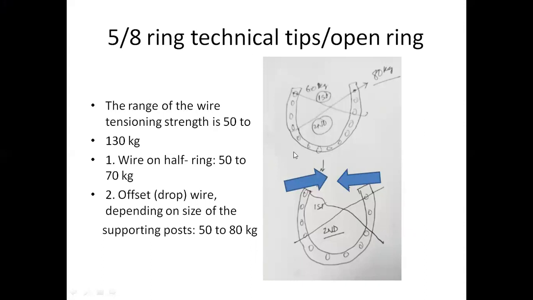Suppose there are two wires, first wire and second wire. If you put 80 kg and 60 kg respectively in these wires, then it will squeeze the anterior limbs of the ring towards each other, and it will cause loosening of the wires. So usually in this type of half ring, we cannot put more than 70 to 80 kg.